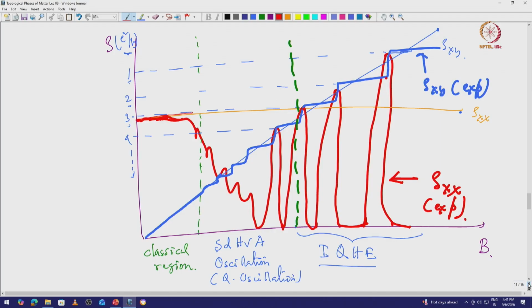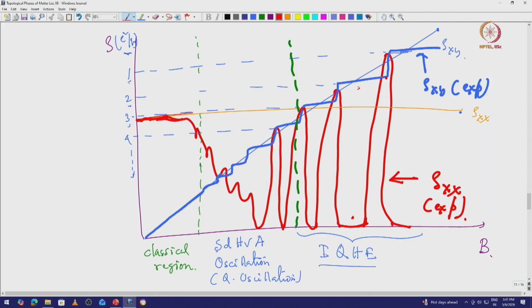So, once the chemical potential is between two Landau levels, it is an insulator, and that is what your resistivity also tells us, right. It is an insulator in this region.